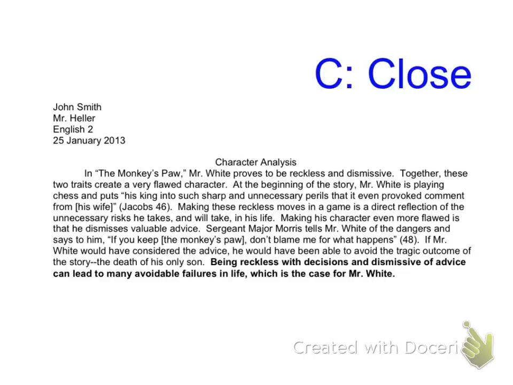The C is the opportunity to provide a strong closing thought about the character. Being reckless with decisions and dismissive of advice can lead to many avoidable failures in life, which is the case for Mr. White. The C is our final thought about the M.